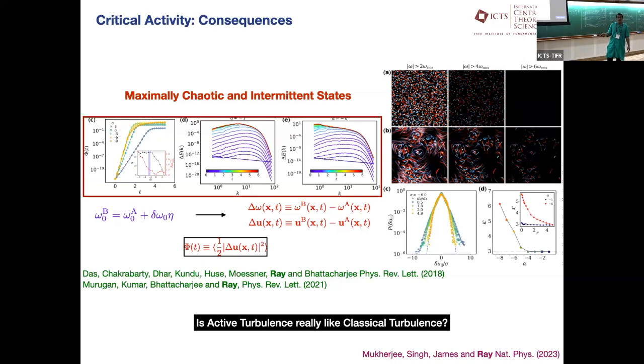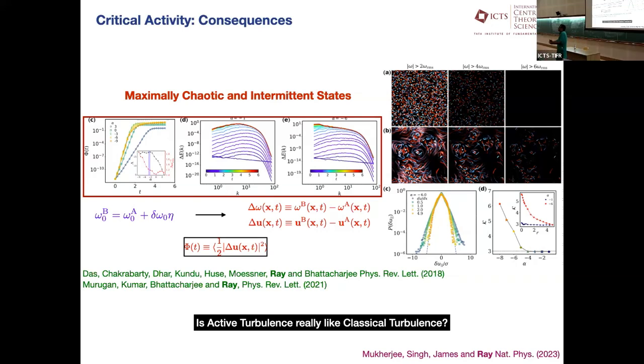The second consequence, and this nicely gets me into the world of high Reynolds number flows in the remaining 15 minutes or so that I have, is that beyond the critical activity, if you're measuring the Lyapunov exponent, you want to know how chaotic your flow is.